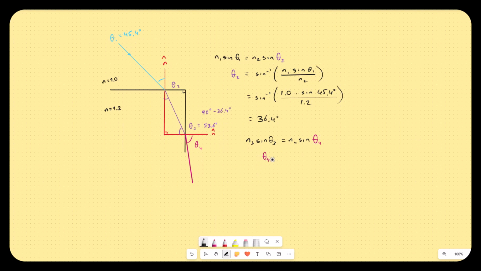Theta 4 is going to be the inverse sine of n3 sine theta 3 over n4. I can plug in some numbers. This is the inverse sine of 1.2 sine of 53.6 degrees all over 1.0, and I get that my theta 4 works out to be 75 degrees.